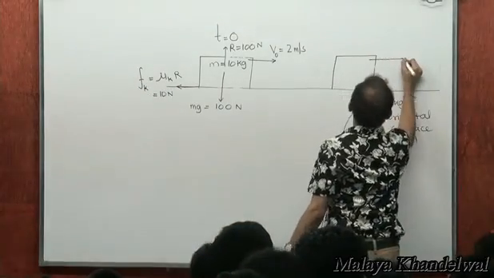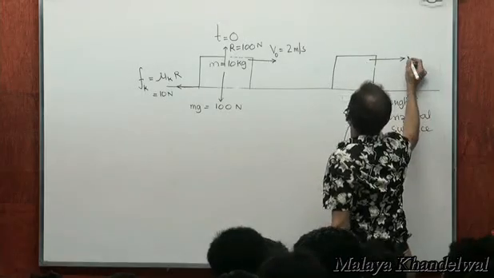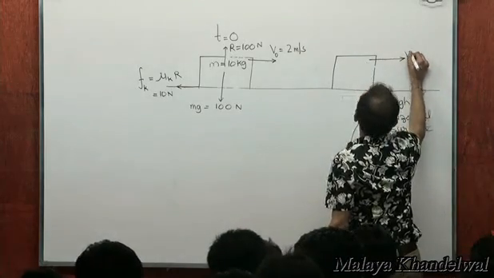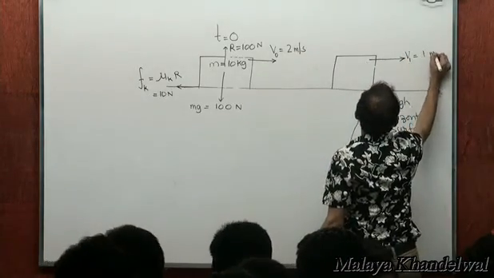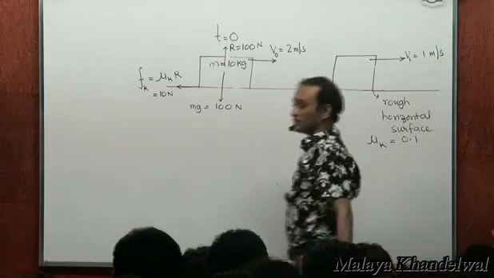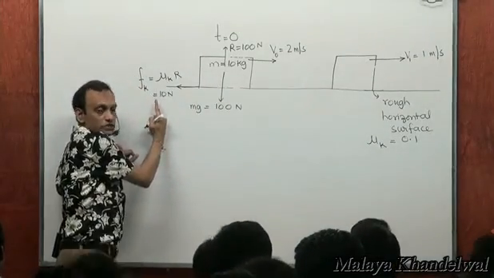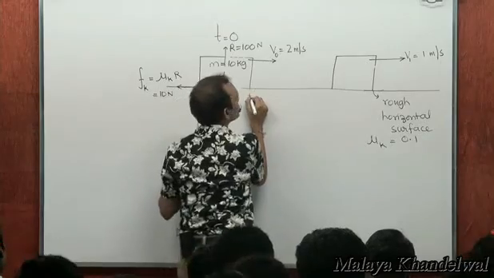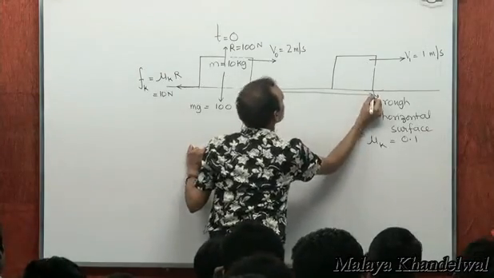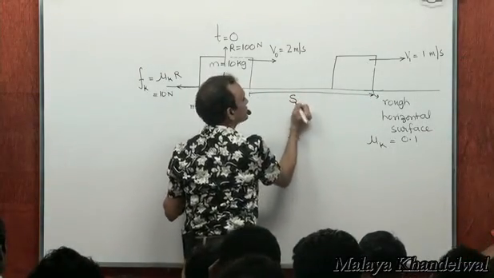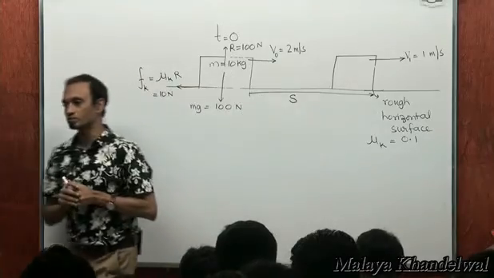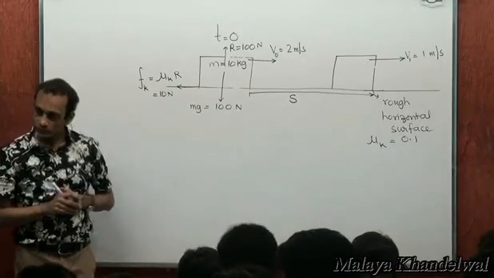Now let's say it acquired a velocity, say v1 equal to 1 meter per second. After a while, it's going to retard under the influence of this frictional force, kinetic friction, and during this journey, say it traveled a distance s meters, right?